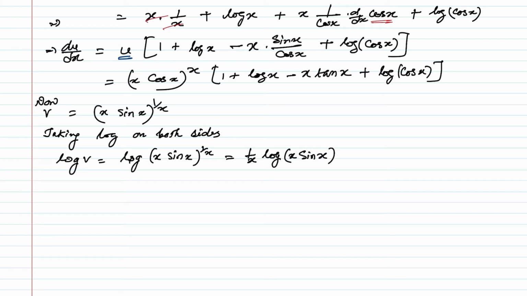So now let's differentiate it. One more thing, if you use another property of log, considering this one as m into n, then we will get 1 by x log of x plus 1 by x log of sin x.